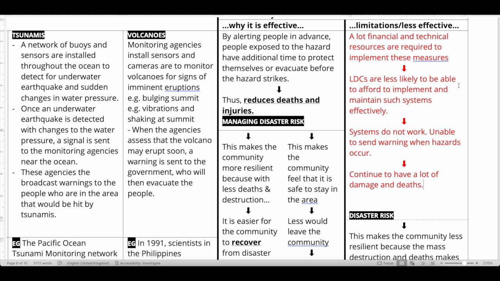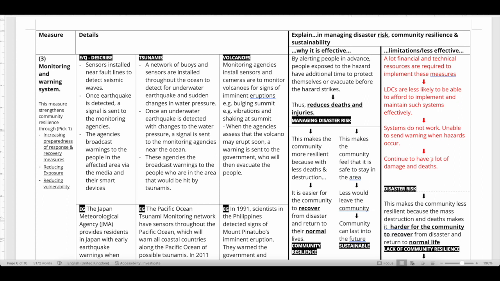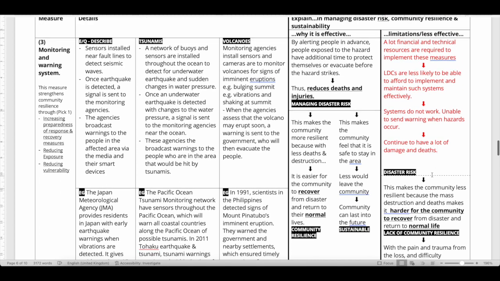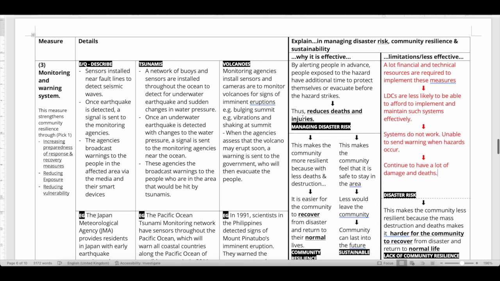As a result, because of all the deaths, it's hard to recover, and that of course makes it less sustainable. So all these points are repeating; it's the same idea. You can deviate to talk about the same ideas, but this is just one example. Whatever I've shown here is not the limit, just some talking points that you can start with.